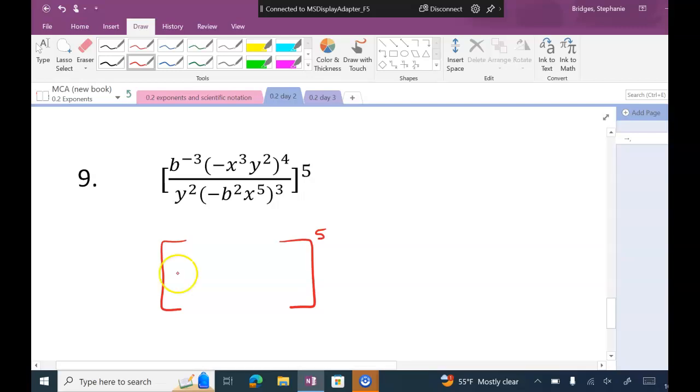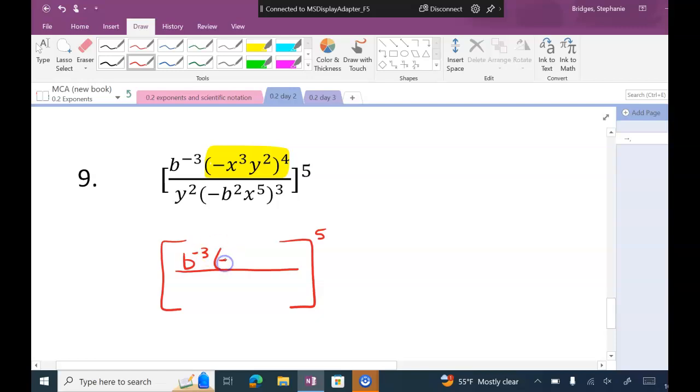That b to the negative third, is it inside my parentheses? No, so it's going to stay just b to the negative third. It does not get affected. What does get affected is this piece right here. I need to take that 4 and give it to every piece inside of those parentheses. So go ahead and do that. Keep in mind that negative is inside of the parentheses.